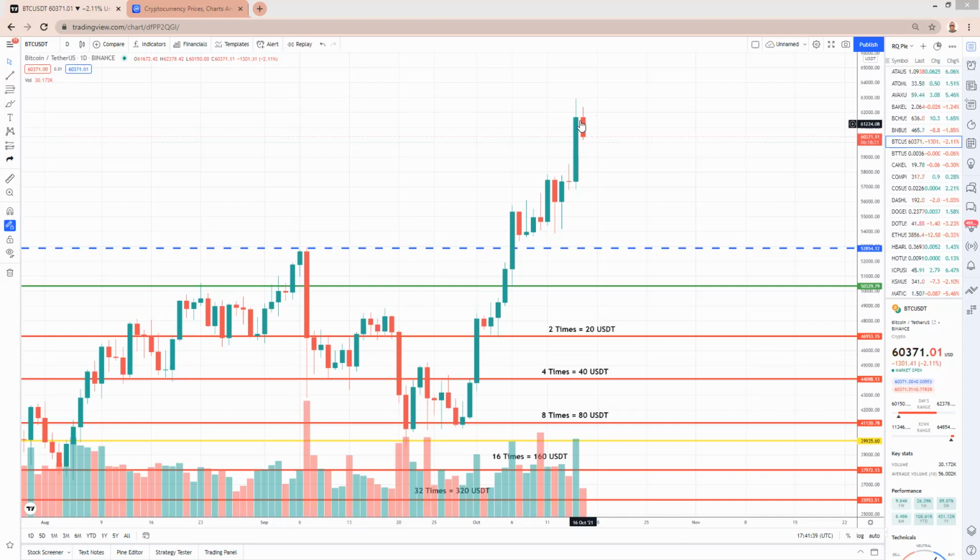If we click inside this particular candlestick, we're going to have 24 candlesticks. Each candlestick on an hourly time frame shows you what happened within an hour.